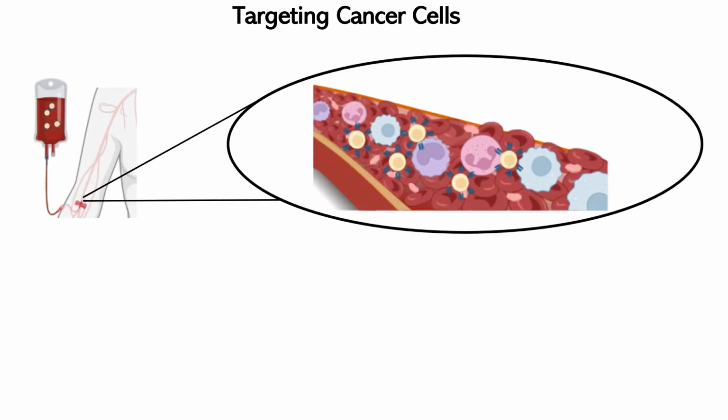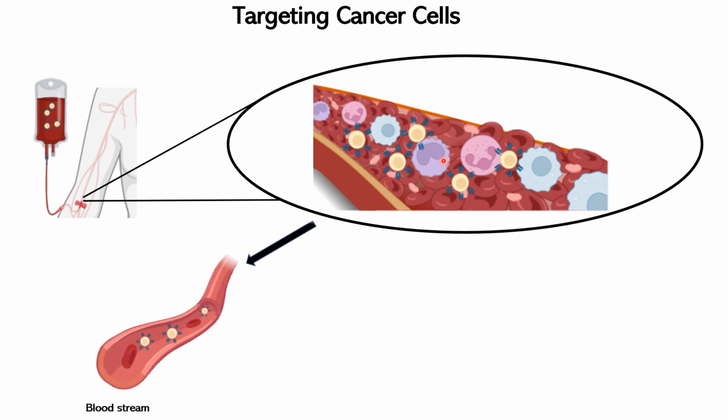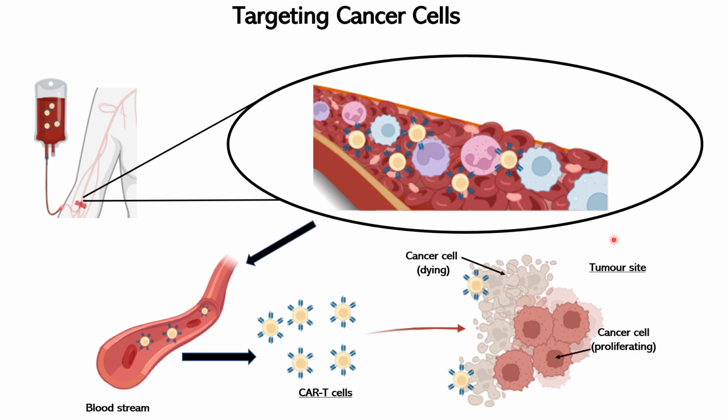So now we will cover how the CAR T cells target cancer cells. After infusing the CAR T cells into the bloodstream, they will start circulating in the bloodstream of the cancer patient along with blood cells and other white blood cells, okay? And as the CAR T cells circulate the body, they will come by the tumor site.